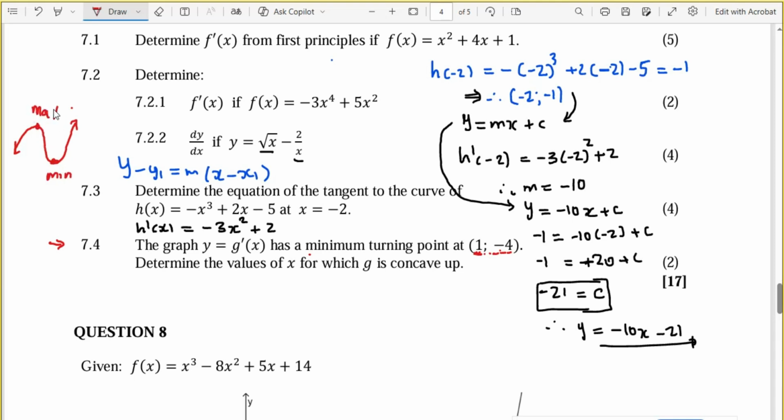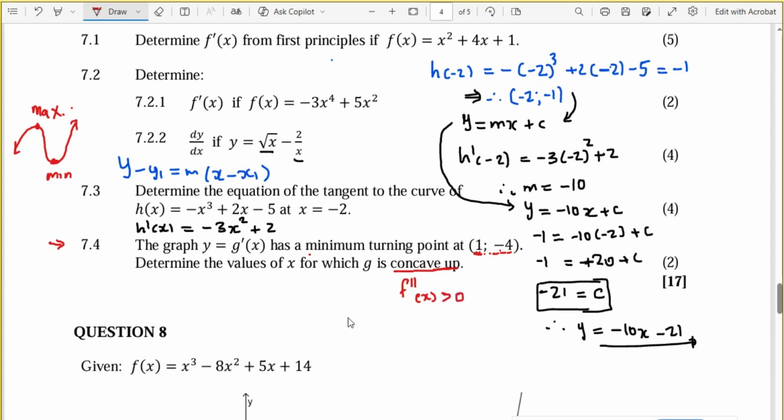And then they say determine the values of x for which g is concave up. Concave up. So if we determine the concave up, we're going to find the second derivative, and it must be greater than 0.